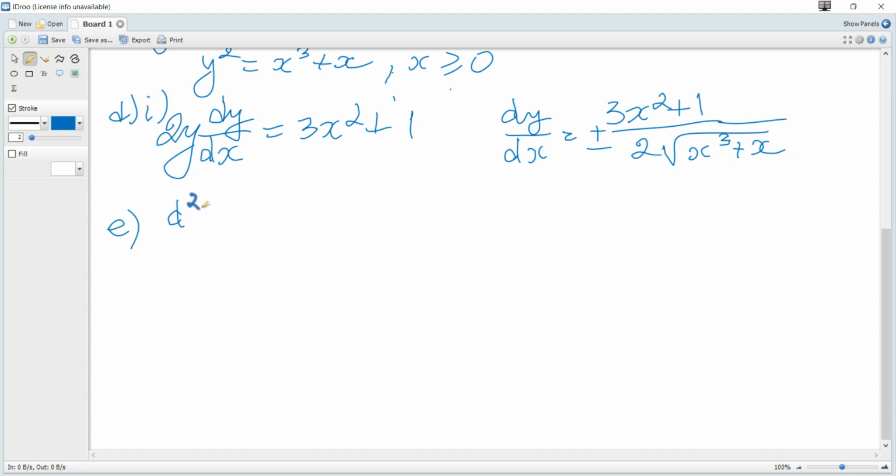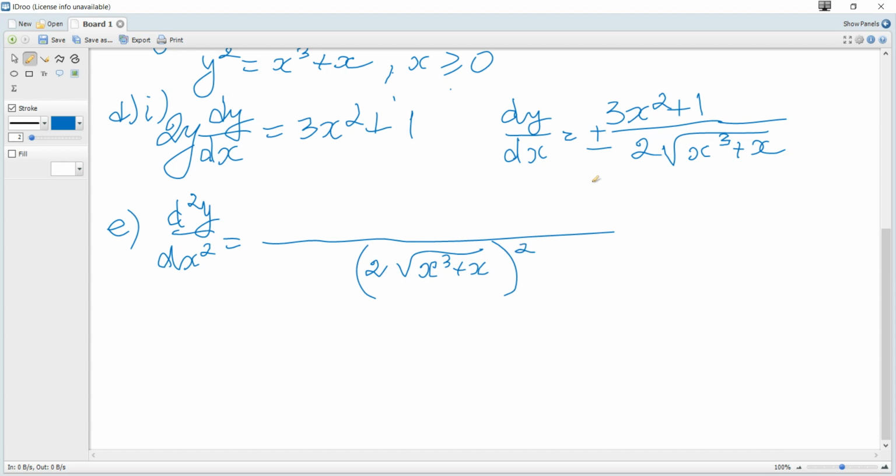So consider the second derivative, and we can see that there is division, so applying the quotient rule it becomes denominator squared and numerator: the derivative, 6x, multiplied by the denominator 2 square root of x cubed plus x, minus the numerator 3x squared plus 1 multiplied by the derivative of the denominator.